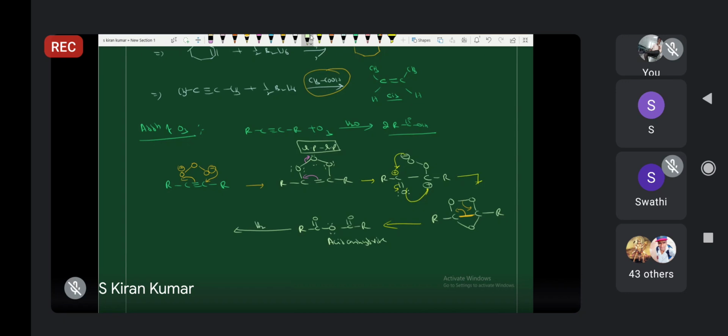Now the acid anhydride on hydrolysis gives 2 moles of acid. Okay, this is the mechanism for alkyne ozonolysis. Alkynes on ozonolysis give the final products as carboxylic acids.